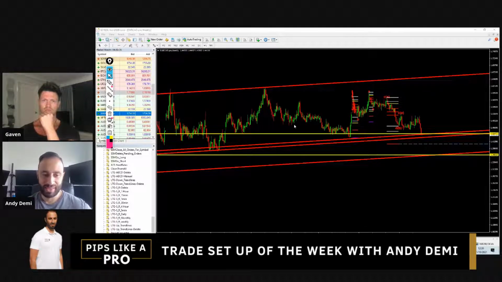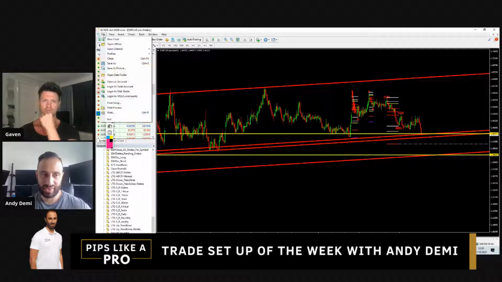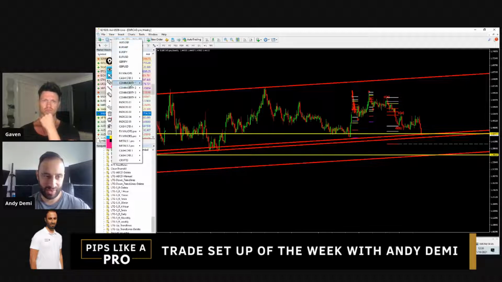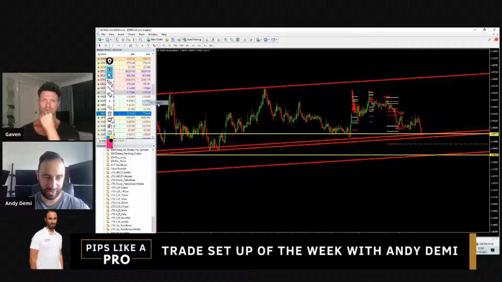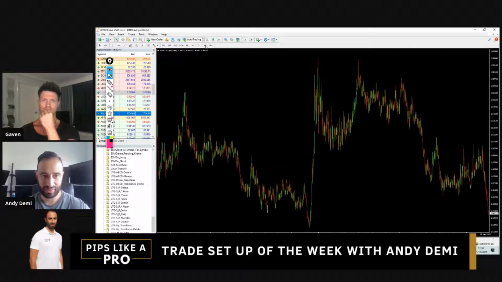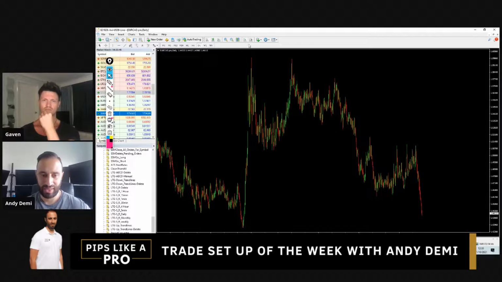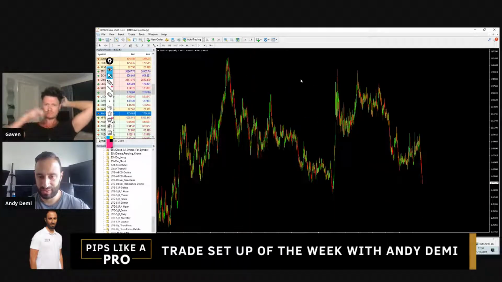So let's have a look and see if there's anything that will give us a potential buy signal. We'll go into the lower time frame. I'm just going to bring in EURCAD daily and have a look at what it looks like from a daily point of view.